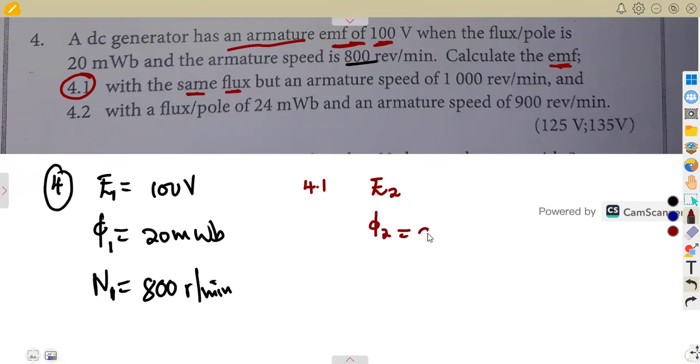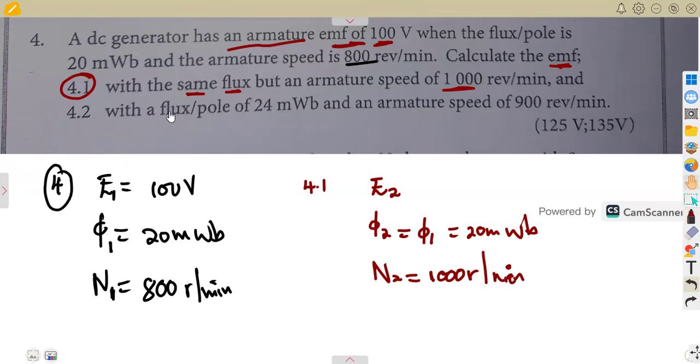Flux 2 is equal to flux 1, which is 20 milliwebers. It has not changed. But the armature speed has changed. At this condition, our speed is now 1000 revs per minute.